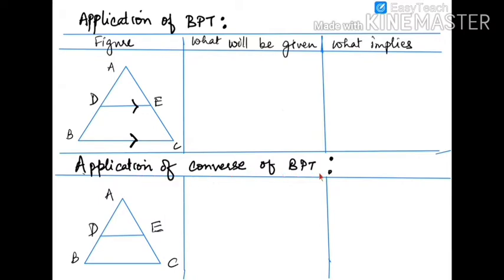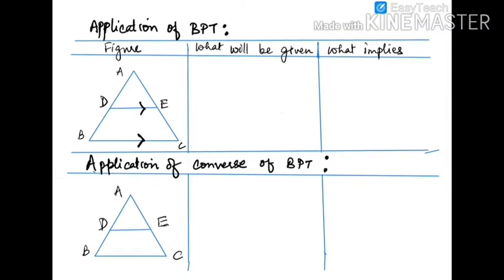Recall the converse of this theorem. If we have a line that cuts two sides of a triangle in equal ratio, then it will be parallel to the third side.